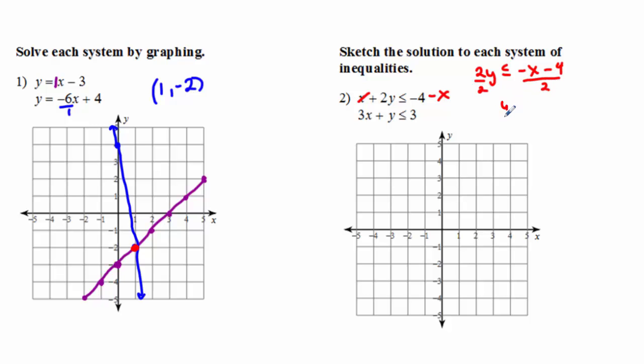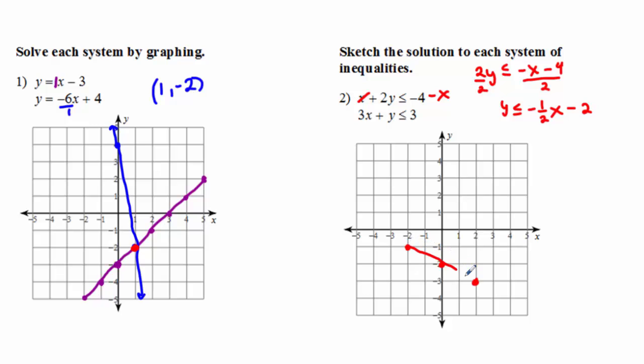And I get y is less than or equal to -x/2, which is like -1/2 x. And then -4/2 is -2. So if I graph that line, that's -2 for my y-intercept, and down 1, right 2, or up 1, left 2 for my slope.